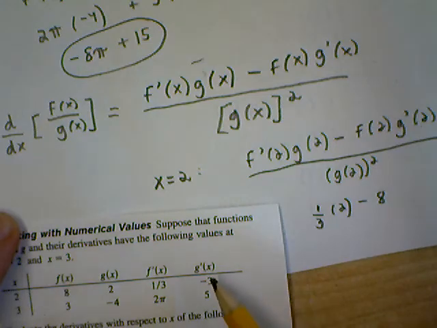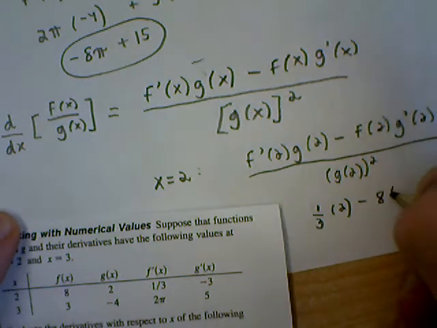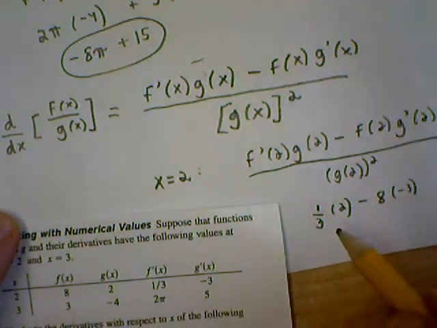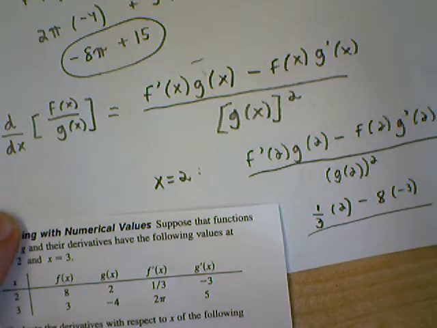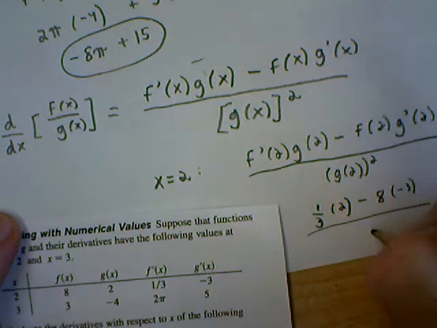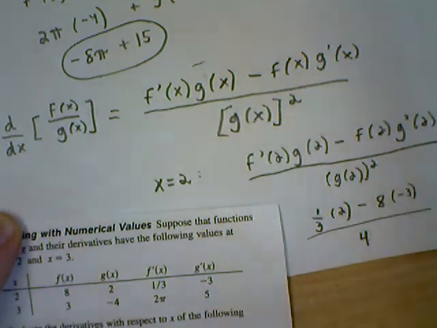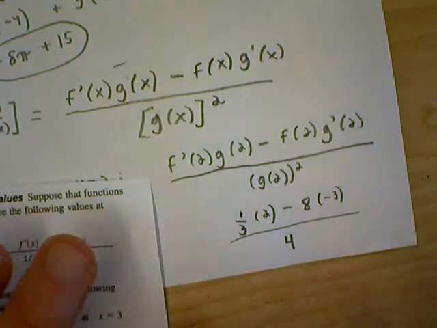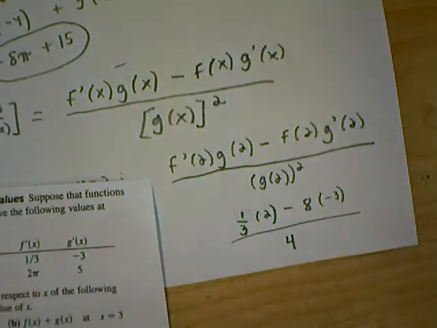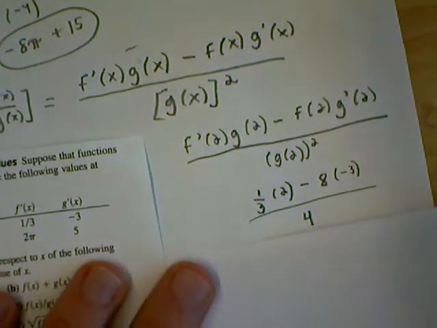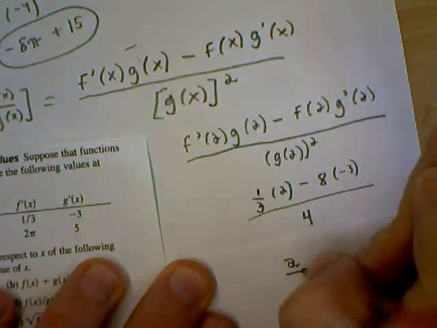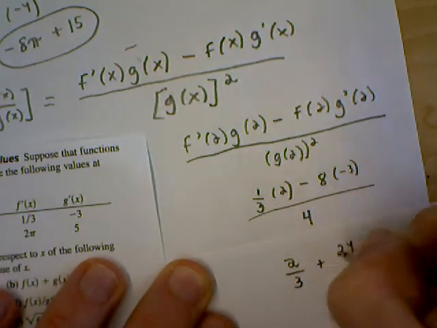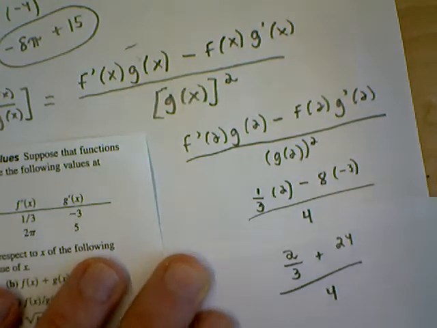G prime of 2 is negative 3. All over g of 2 squared. That's 2 squared, or 4. Now we have to keep going. Keep working down. So that gives me 2/3 plus 24 all over 4.